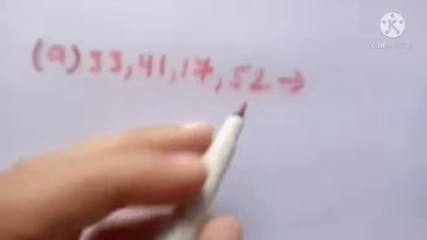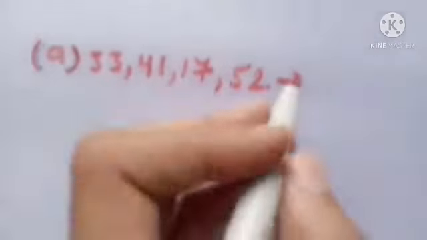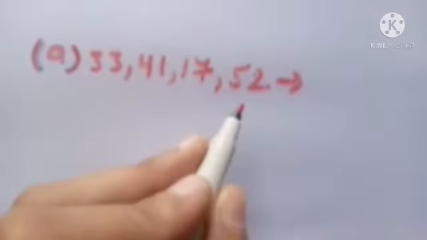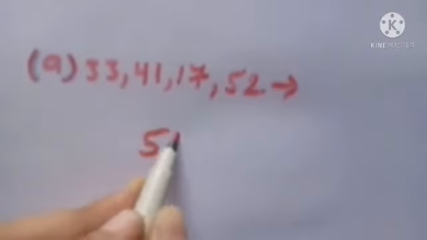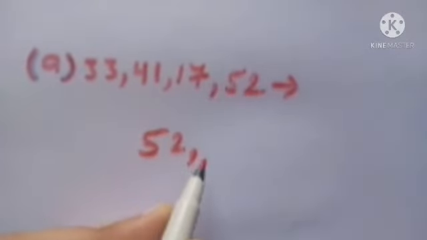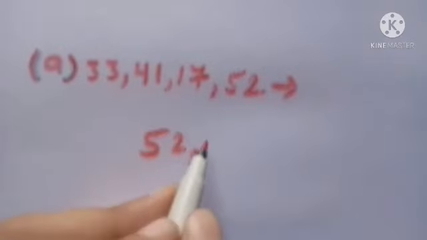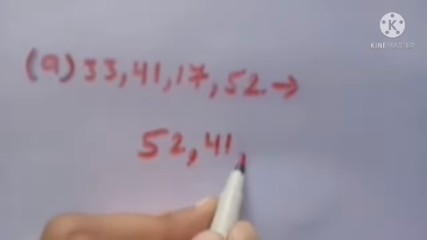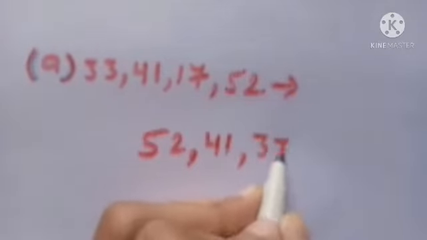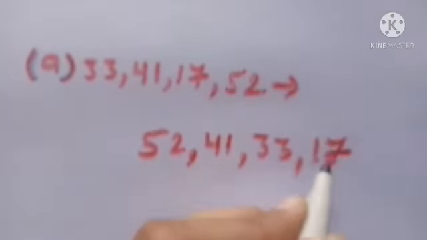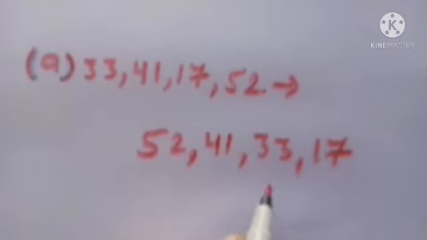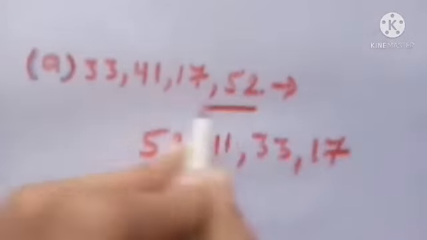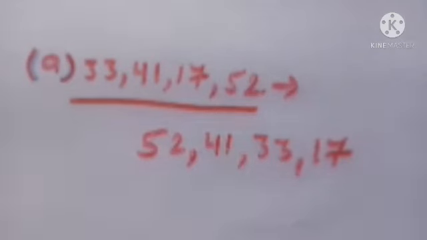Which is the largest number in this series? 52. Okay? 52. Then 41. Then 33 and 17 is the smallest digit in this series. Like this you can do the next question also.